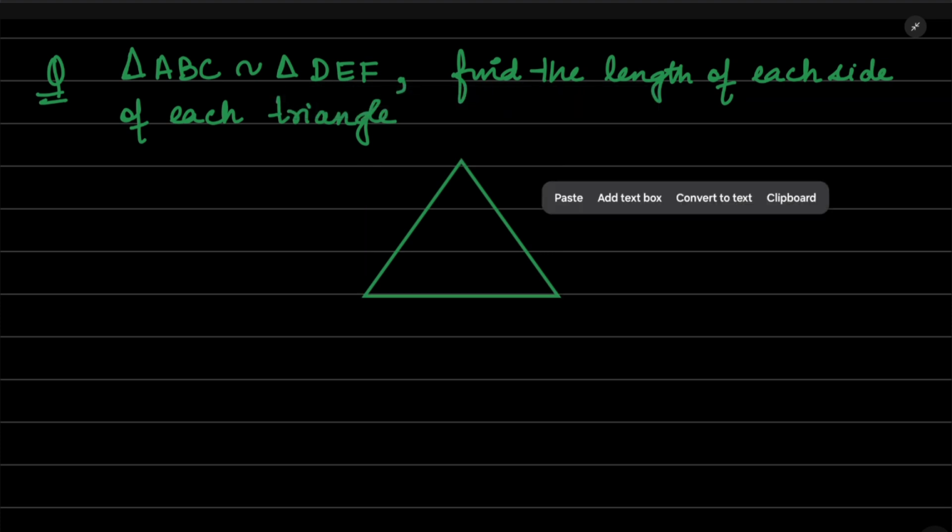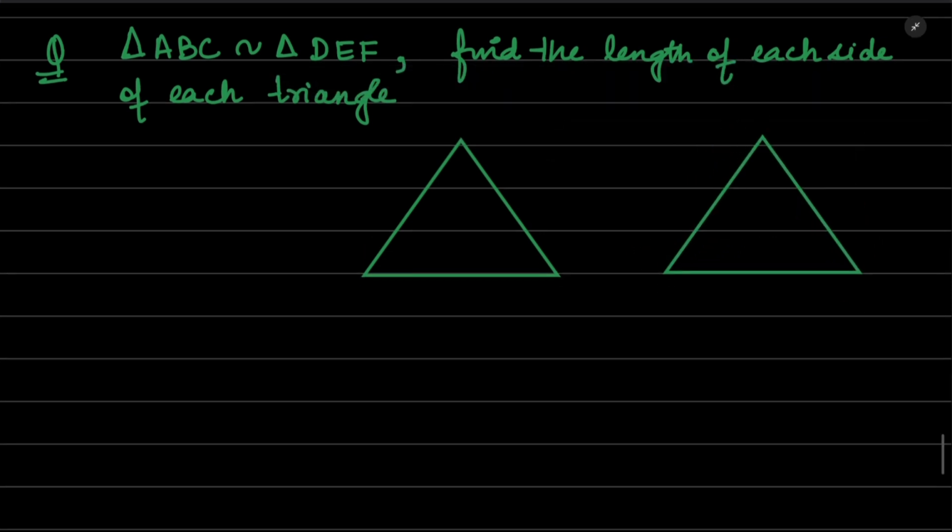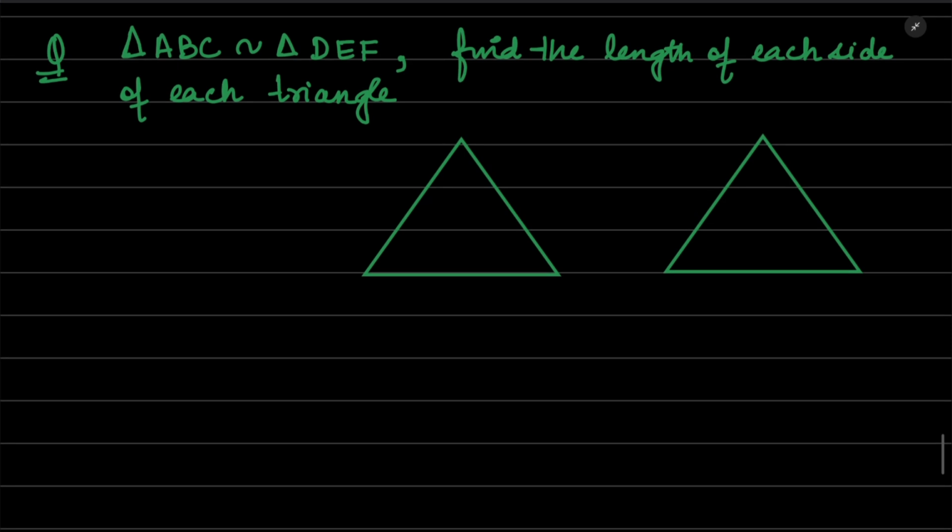Let's draw the two triangles which are there in the question paper. Okay, here I draw both the triangles. One of it is here, this is your ABC, this is your DEF.